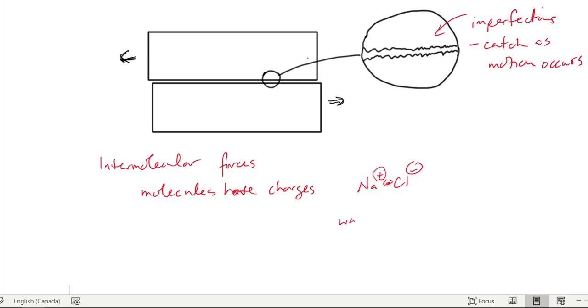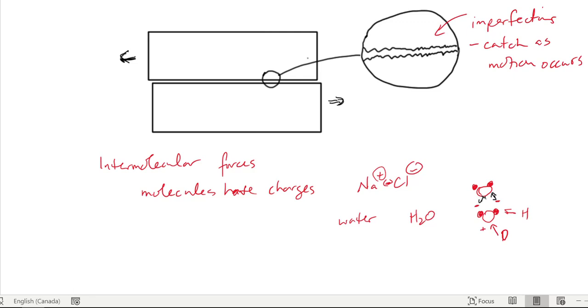For example, if you think about water, H2O, here's your oxygen and there's your hydrogen. It turns out that the hydrogens are more negative and the oxygens are more positive. So when I have another water molecule, the oxygen side will want to attract to the negative side. That's why water kind of clings together. This is actually what creates the surface tension in water.